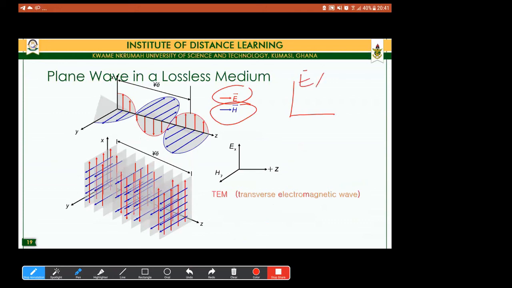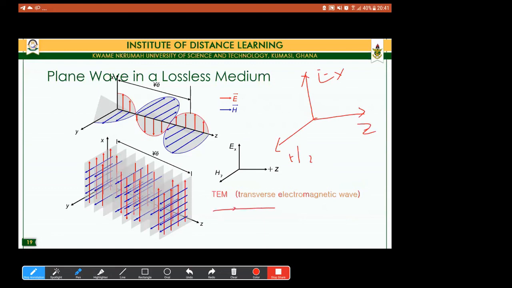So say you have Ex, Hy, and they're all traveling in the what? z direction. So they are called transverse electromagnetic waves because they are perpendicular to each other.